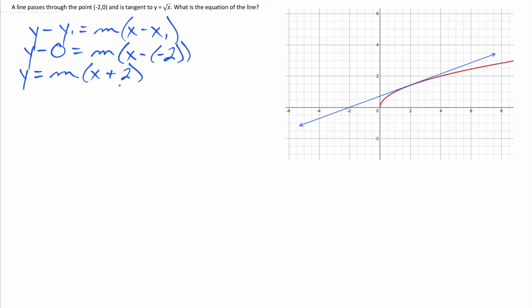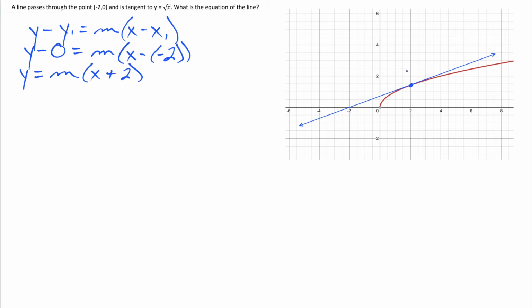Okay, so at this point, we have a general form for the equation of our line. The only thing we need now is to figure out the slope. Looking at our drawing here, we recognize that this blue line has a particular slope, and because it is tangent to our red curve here at whatever this point of tangency is, keep in mind, we do not know what this point of tangency is yet, but we're going to figure it out.